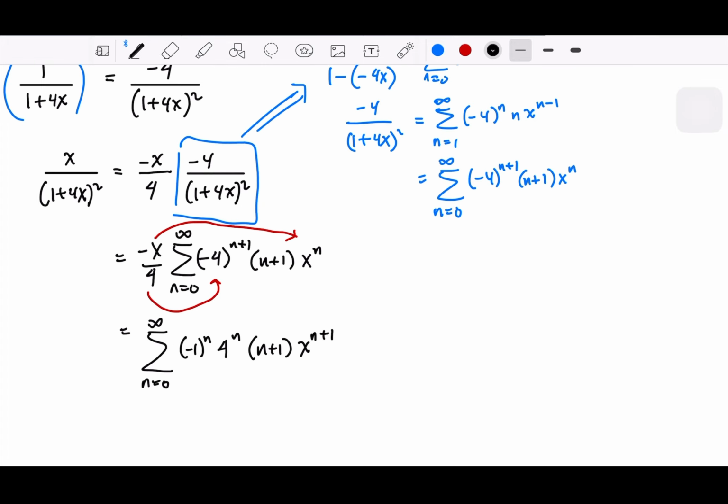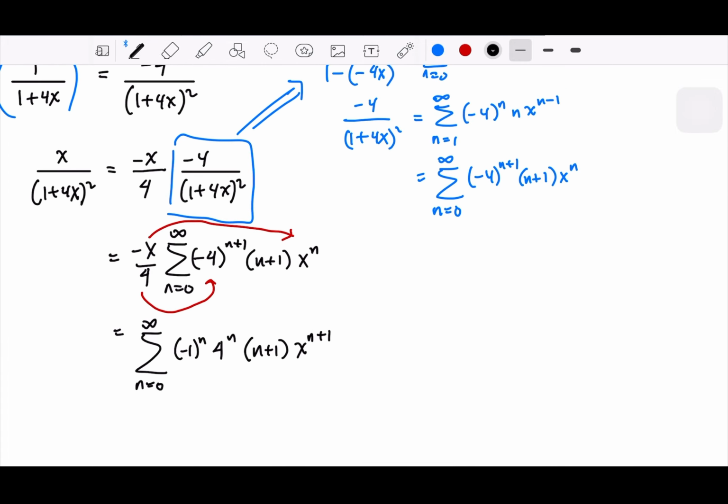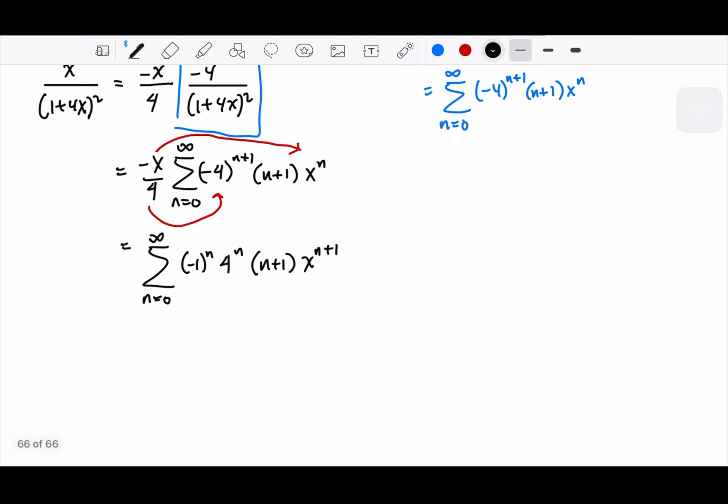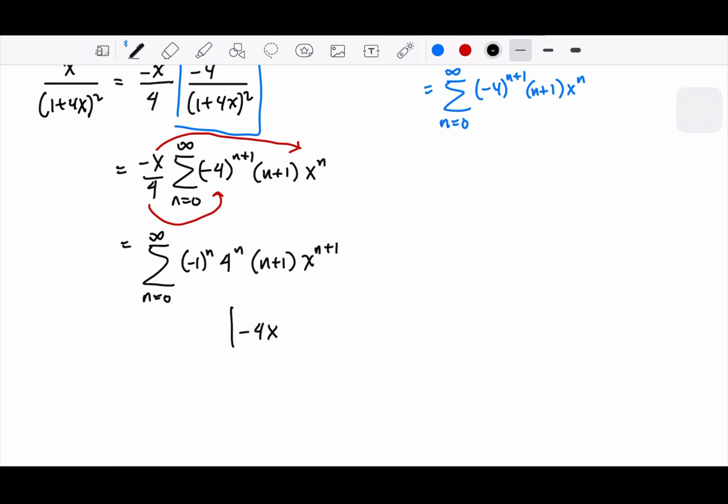And since the expansion will have negative 4x, absolute value less than 1, the radius of convergence will be 1 over 4, right?